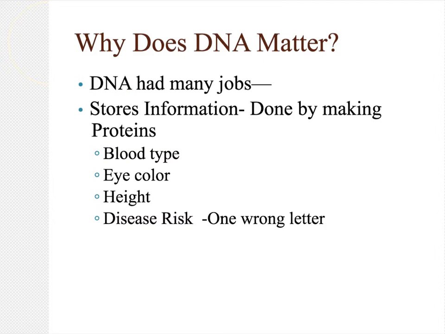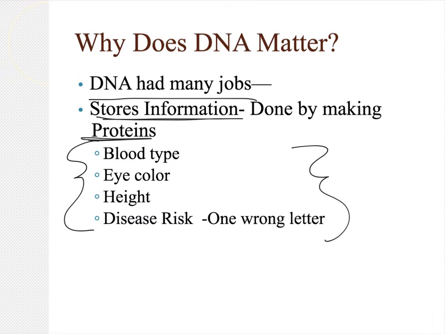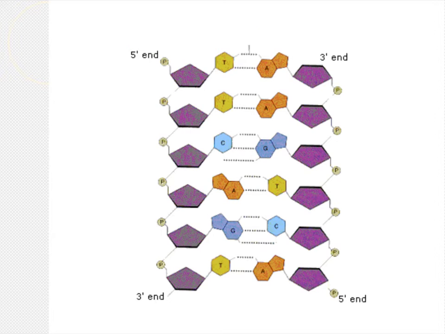Let's start with a quick recap then. We already know DNA has many jobs, that it stores the information that makes the proteins. And like I was just talking about a second ago, there's all kinds of jobs that those proteins do. We've also already learned the structure of DNA. We've learned that there is a phosphate on the outside, a sugar on the outside, and then the middle section here are the nitrogenous bases.